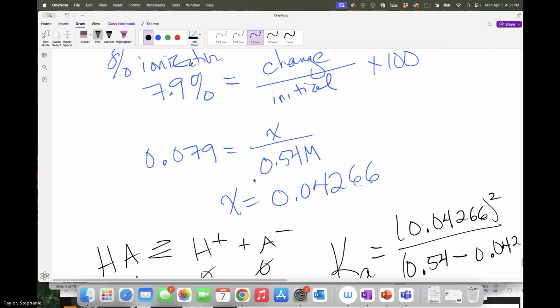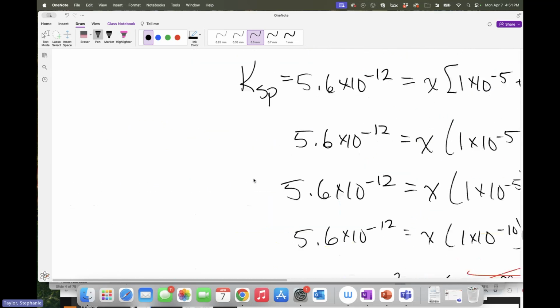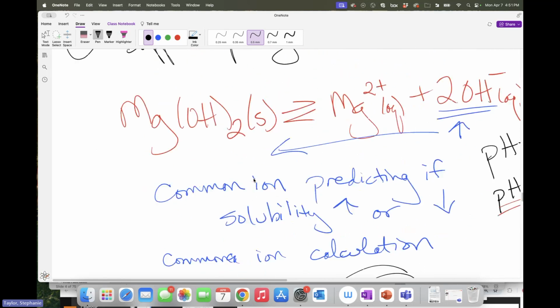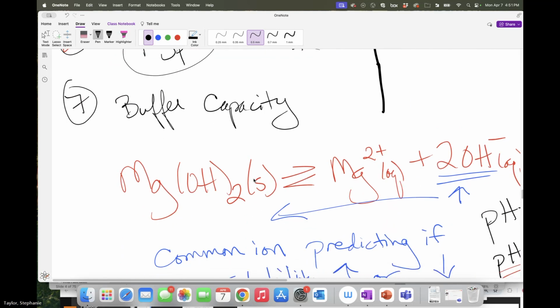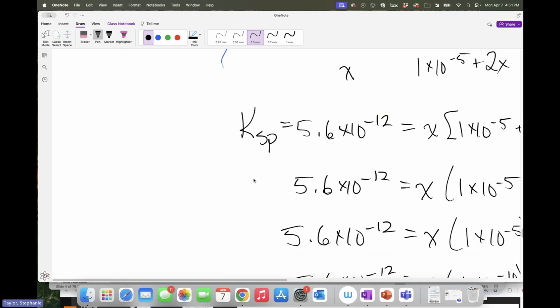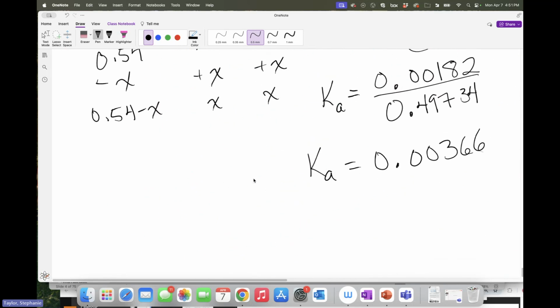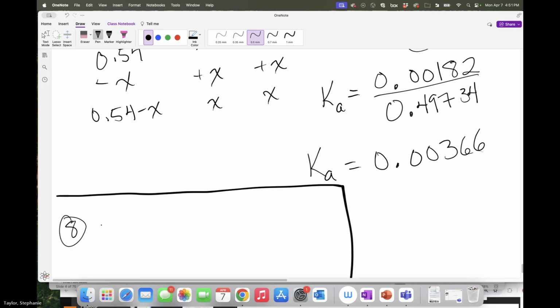Okay. I know I haven't answered all the questions, especially because I came with a bunch of questions. So I haven't talked about buffer capacity yet, but are there any questions from the chat? Yes, you have one more new question. Okay. Can you do a problem where we find the gram solubility?